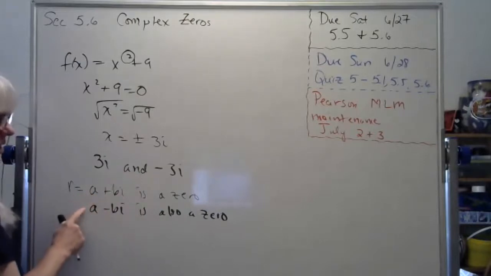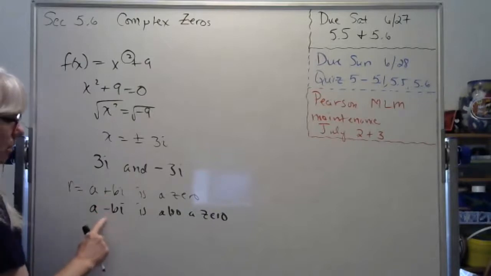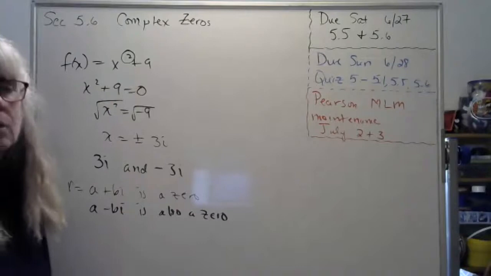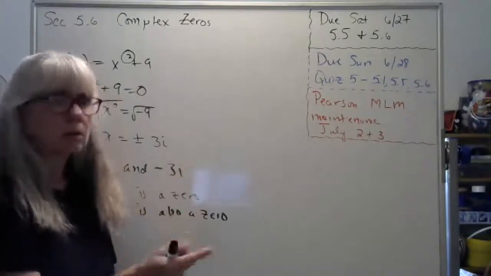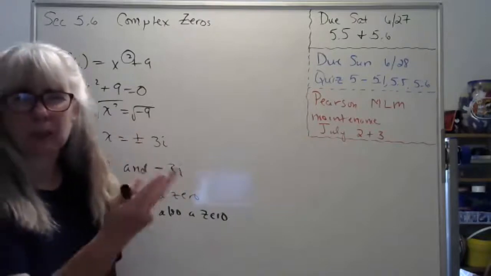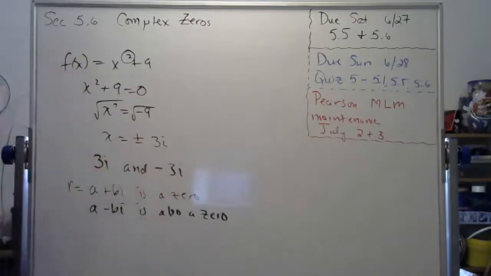The sign on the real part doesn't change, but the sign on the imaginary part is opposite. We know this because every time we use the quadratic formula and we end up in the complex world, we always end up with a plus or minus in front of that radical, and that's where that complex pair is coming from. So we're just recognizing that they occur as conjugate pairs. We already knew it, we just hadn't formally stated it yet.